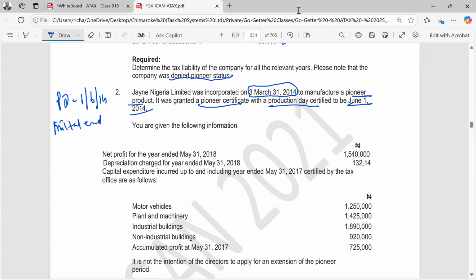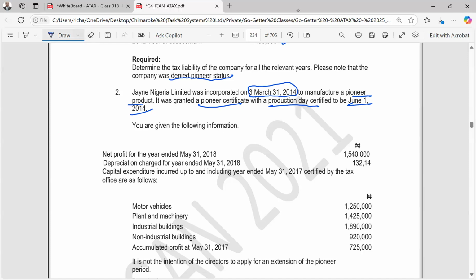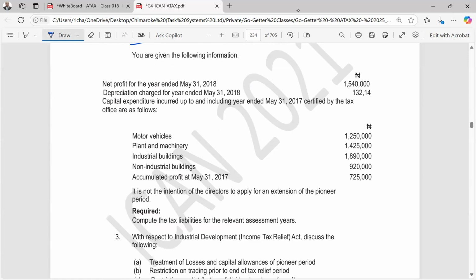Okay, let's do the workings there. Let's look at it as preliminary workings. So you are given the following information: net profit for the year, this and that. It is not the intention of the directors to apply for an extension of the pioneer period.